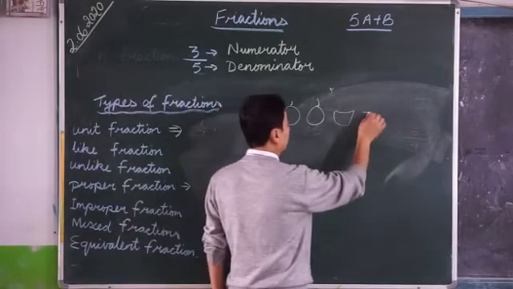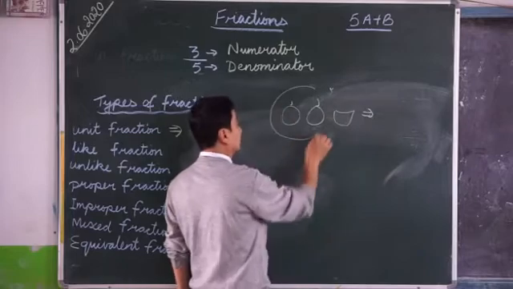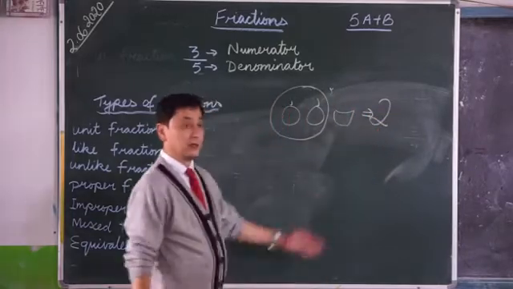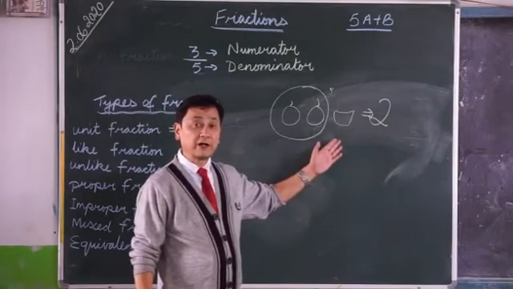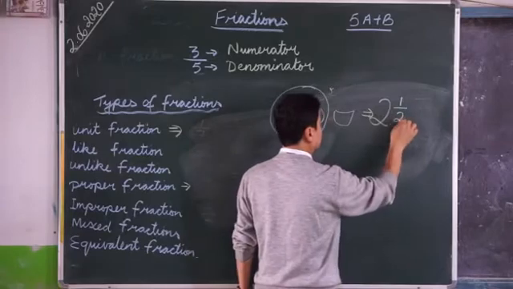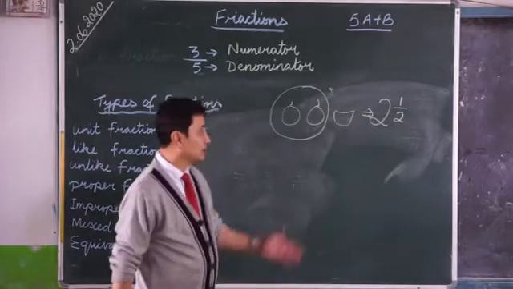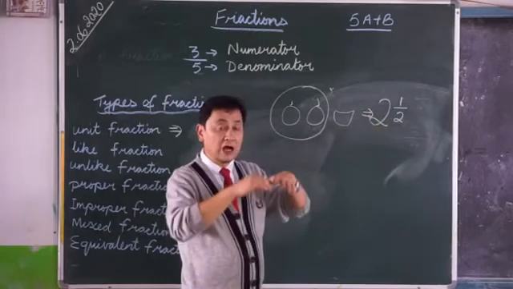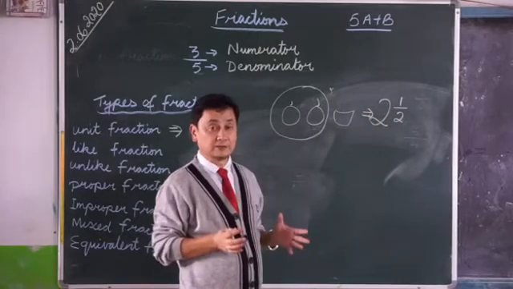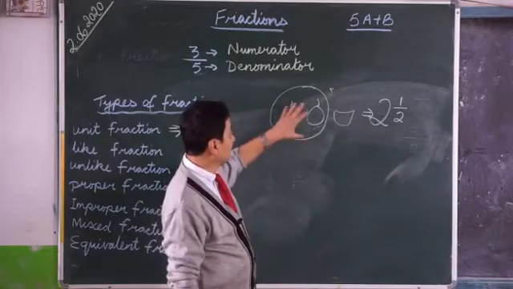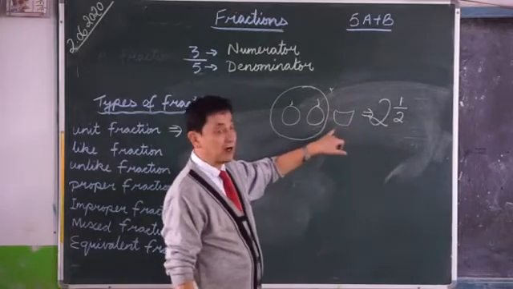So, you have how many whole apples? You have 2 whole apples. And you have eaten half. How do you write half? Very good. 1 upon 2. So, how many apples you have? 2 and a half. The number in front shows you how many whole things have not been eaten, that have not been used. So you have 2 big apples and you have half an apple.